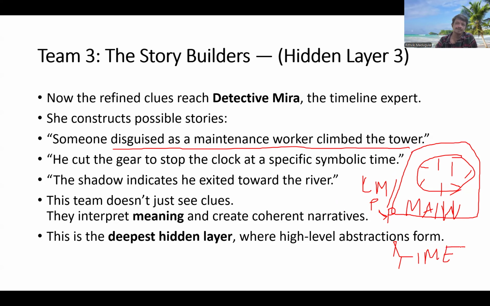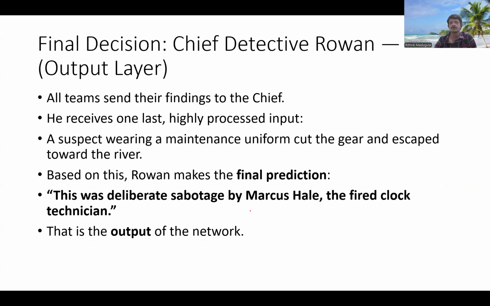With this timeline, we can judge that the person who is mostly available in that particular clock room may have damaged the clock. Else, no one is going to damage other people's properties. So this is the interpretation that takes place in the third layer, or the third hidden layer.